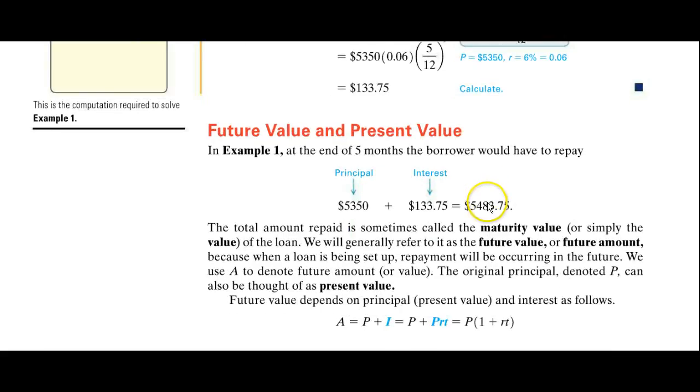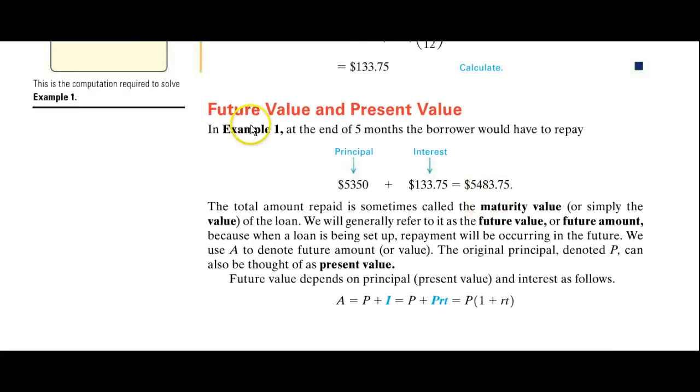All right, a variation of this too is future value and present value. Now, if you take your principal, which is what you started off with, and you take the interest that you've earned on that 5-month loan, then adding these two together gives you the future value. Now we can have a formula for that, and they show how it's built down below.